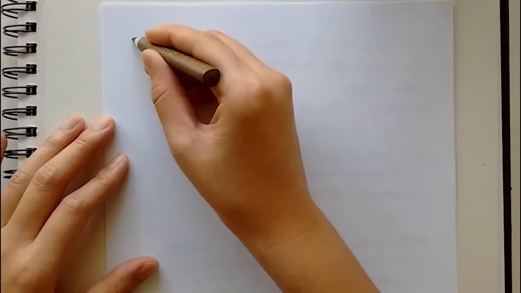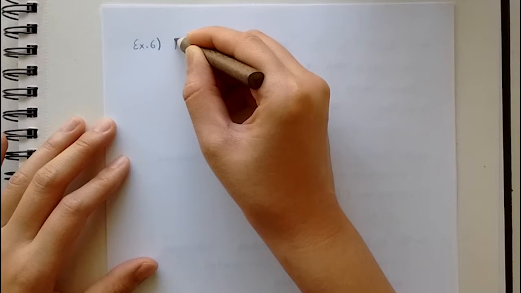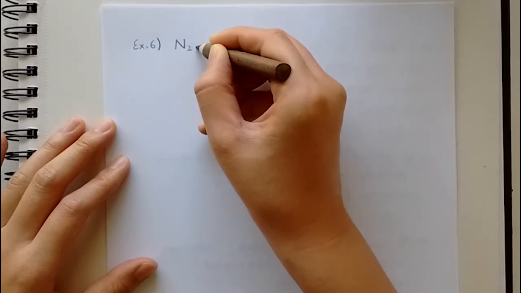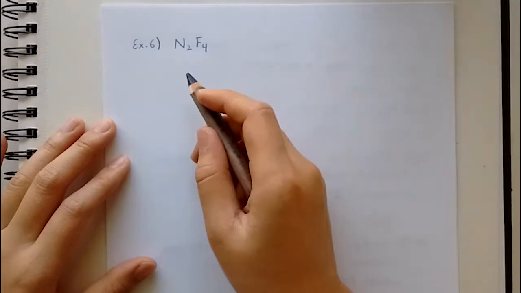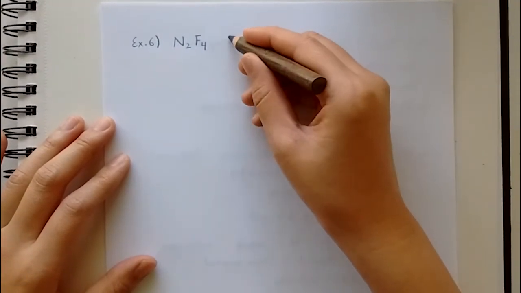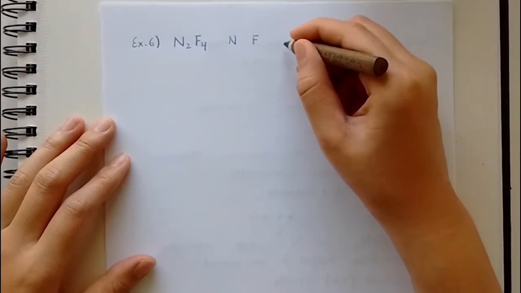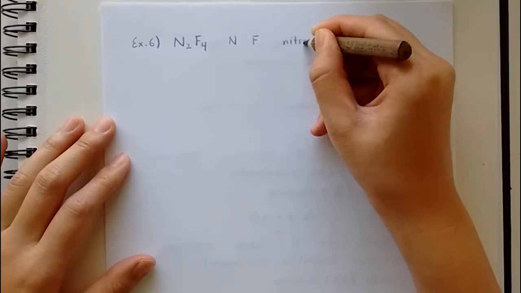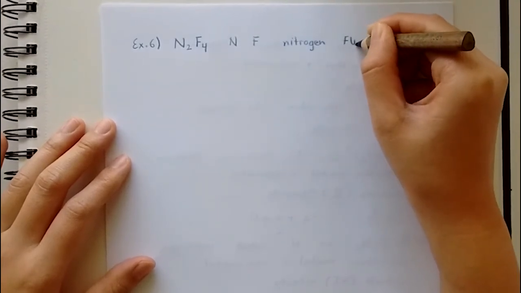So just as another example, for this one, we do the same steps. We identify the symbols, and we know that we have nitrogen and fluorine.